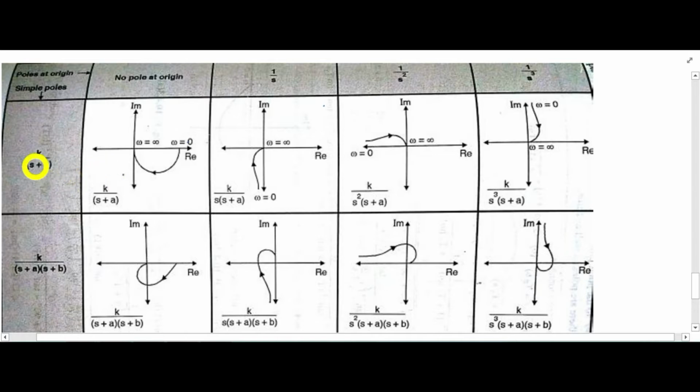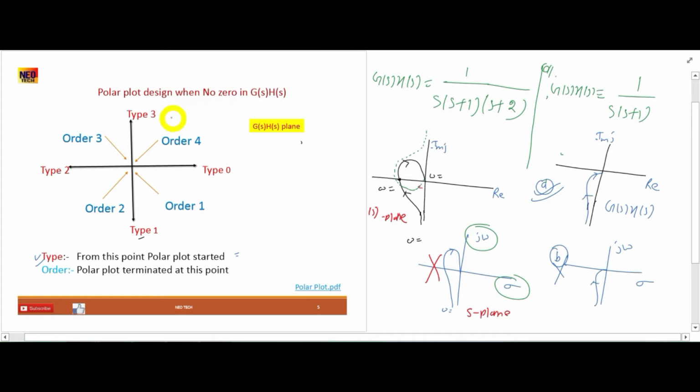Now if I am going to plot the Nyquist plot of this type, this is a general function, I have already discussed it. This type and order concept is only applicable when there is no 0 in GSHS, right?